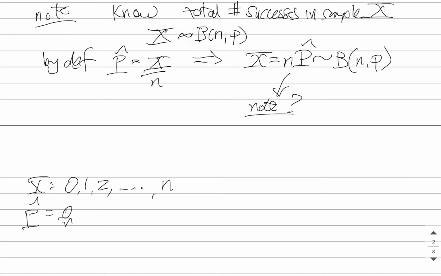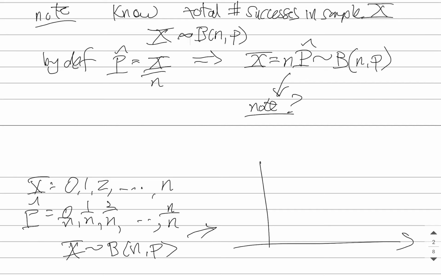So we'll have 0 over n, 1 over n, 2 over n, and this will go all the way up to n over n. Now, since X is binomially distributed, if we wanted to take a look at a bar graph of its mass function, we would have a 0 and a 1, and we'd end up with some sort of picture.